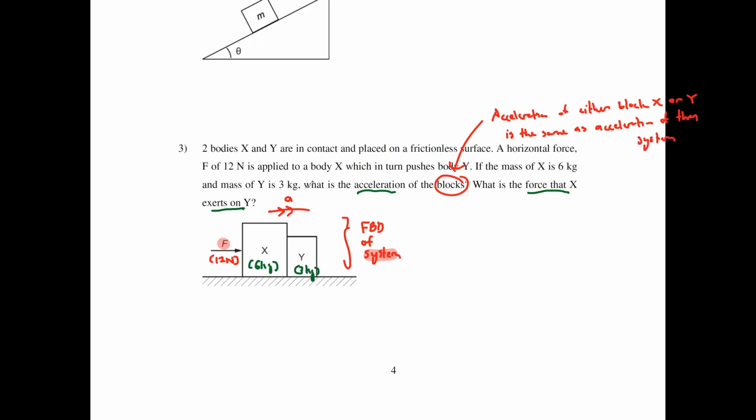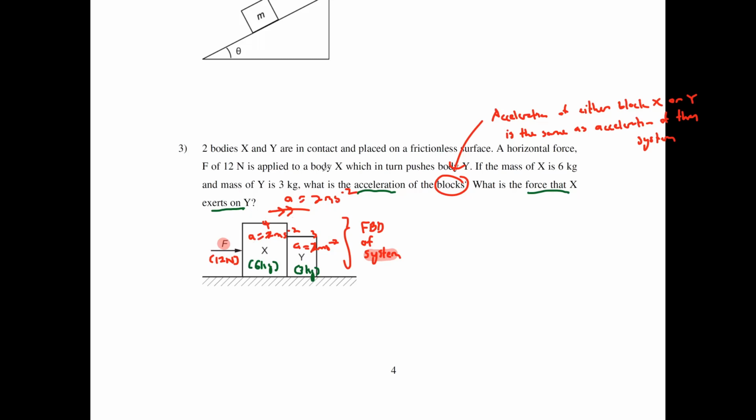What I mean is that if I told you A is 2 meters per second squared for the whole system, obviously block X will also have an acceleration of 2 meters per second squared, and block Y will too. It cannot be a case where the whole system is moving at 2 meters per second squared, but this one is moving at 4 and this one at 3. It doesn't make sense. If the whole system moves at a certain acceleration, everything will be moving at the same acceleration.